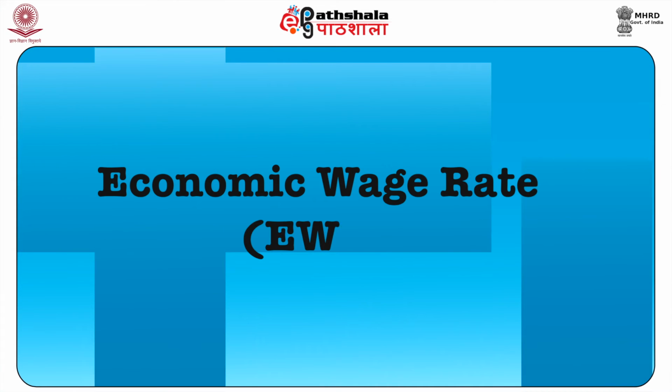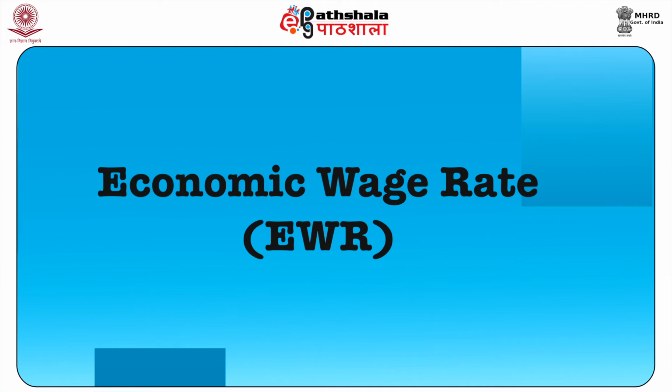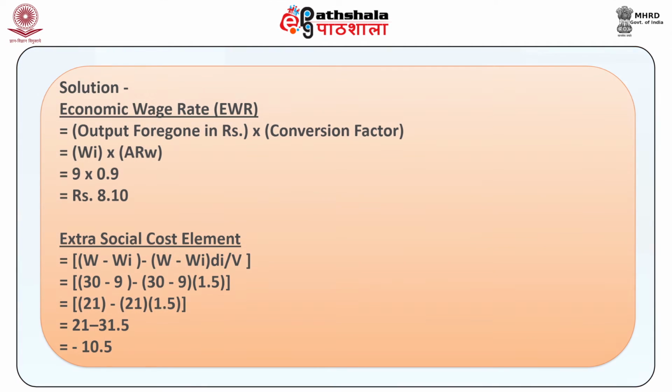Solution. A. Economic wage rate, that is EWR. Output foregone in rupees into conversion factor, that is WI into ARW, which is equal to 9 into 0.9, which is rupees 8.10.